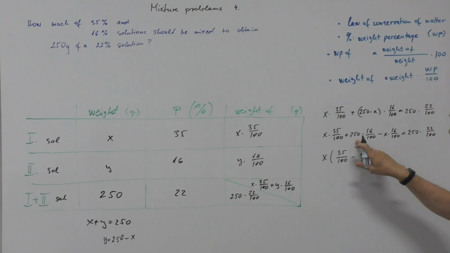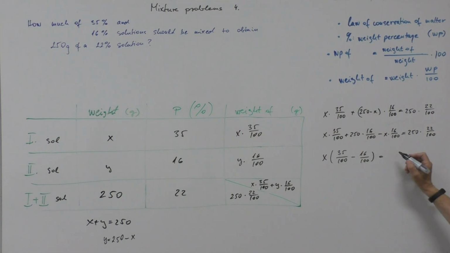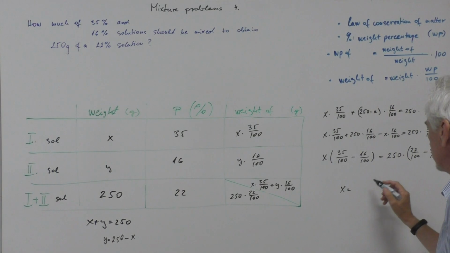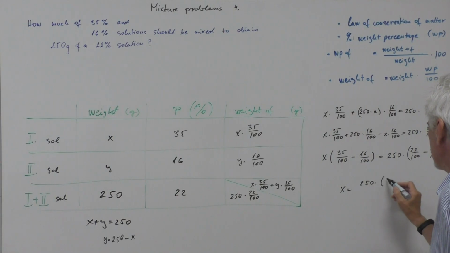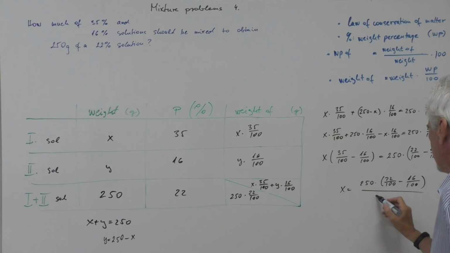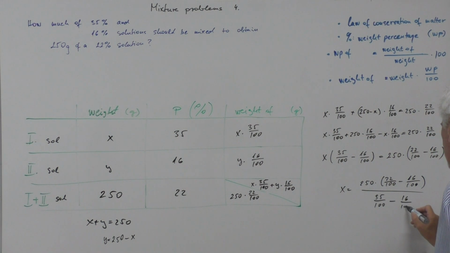Again 250 here, 250 there, so 2200 minus 1600. So x is going to be 250 times 22 over 100 minus 16 over 100, divided by 35 over 100 minus 16 over 100.